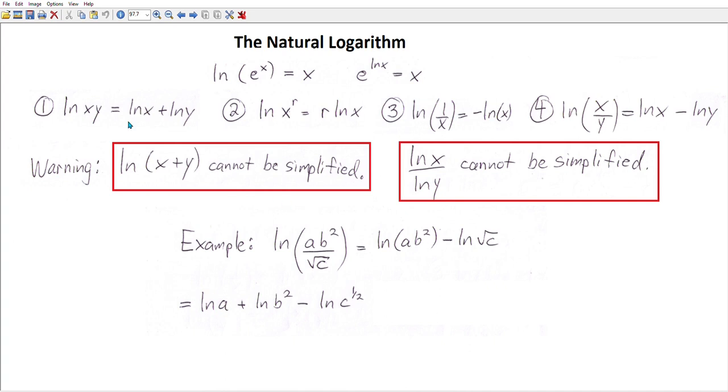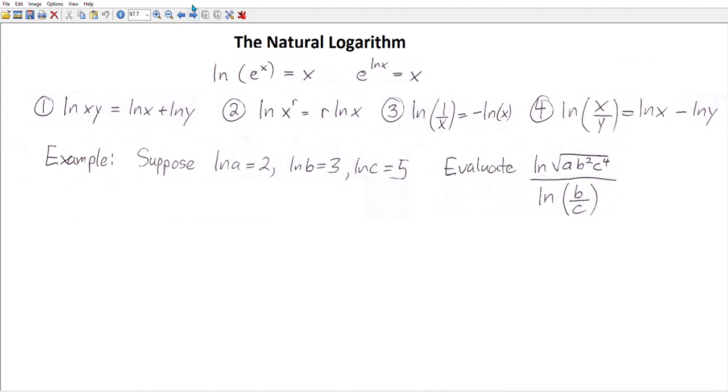So using this property, that's going to be log of a plus the log of b squared. Square root of c is c to the 1/2. I'm going to write it that way. And now we're going to finish by using the property that the log of x to the r is r log x. And that means that log b squared becomes 2 log b, and log c to the 1/2 becomes 1/2 log c.